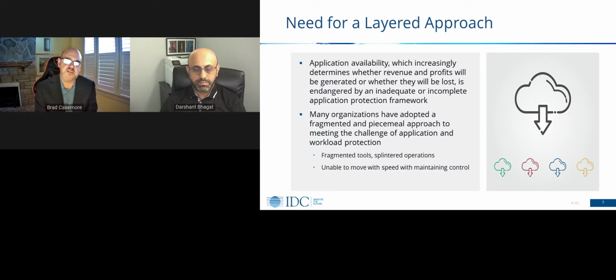What you want to be able to do is say, yes, we can move at speed. We can adopt cloud technologies, and we can pursue a cloud application strategy across this multi-cloud landscape. And we can do it with a measure of control that allows us to have comfort in the integrity of those applications. And that's really what everybody is striving for.